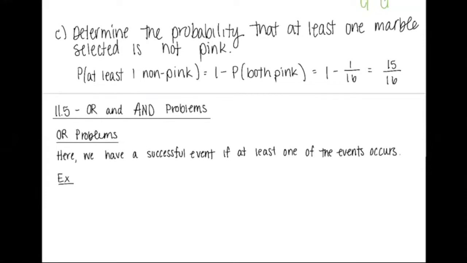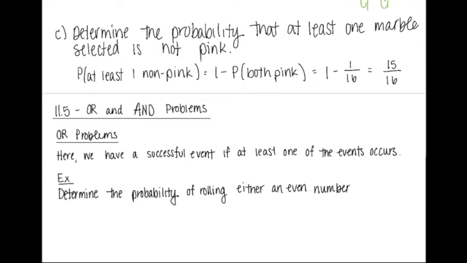Let's determine the probability of rolling either an even number or a number that's greater than 4 on one roll of a die.